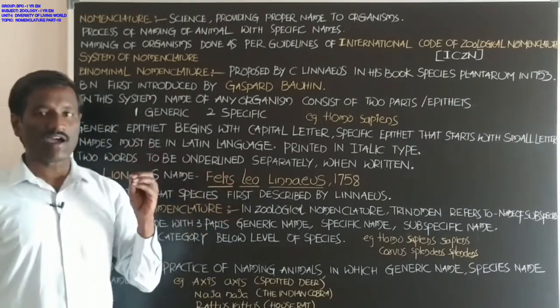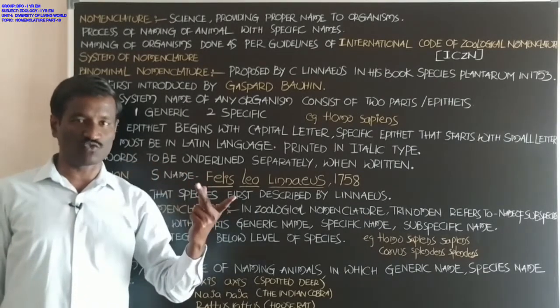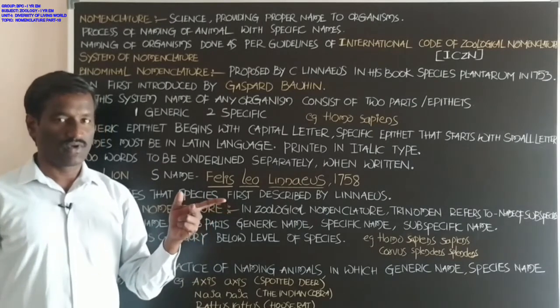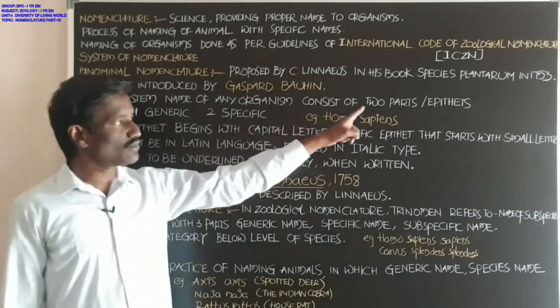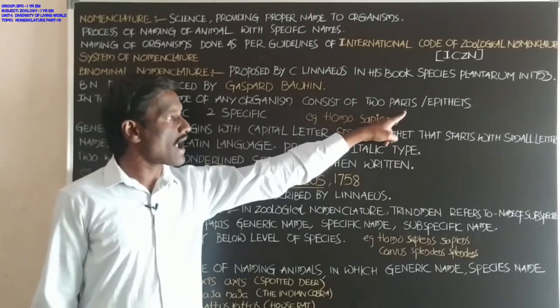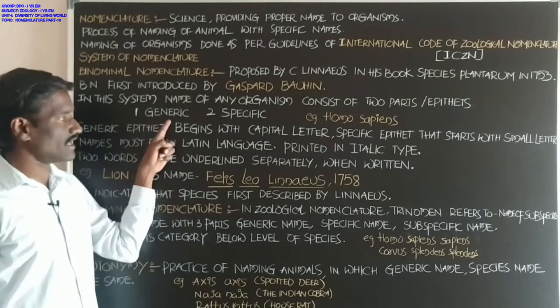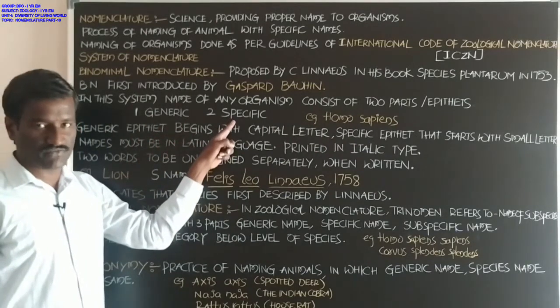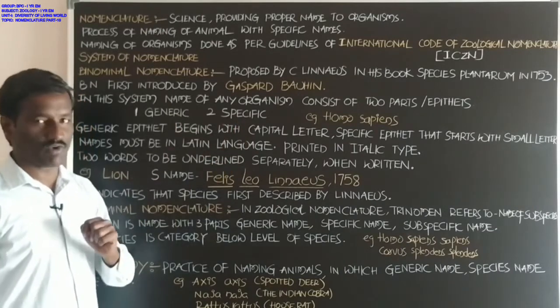Binomen means two parts, two names. One is generic, another one is specific. The generic comes first, the specific is the next one.